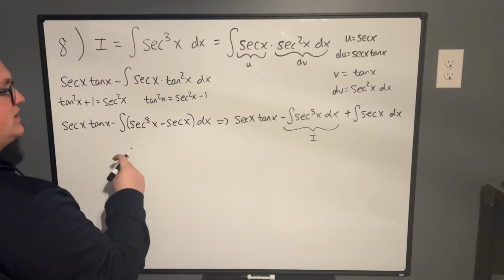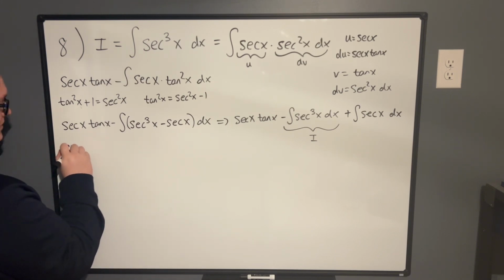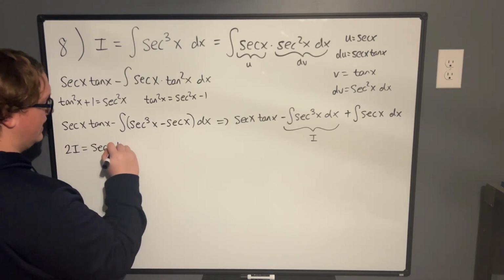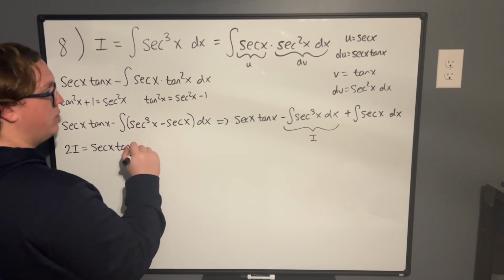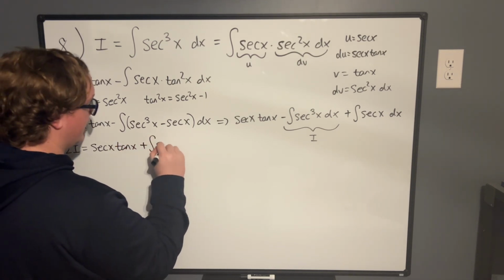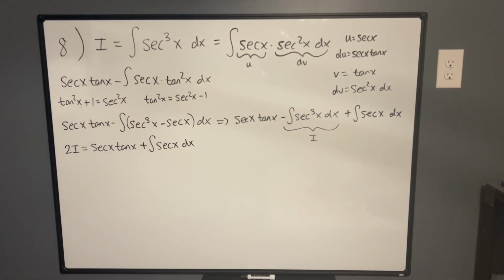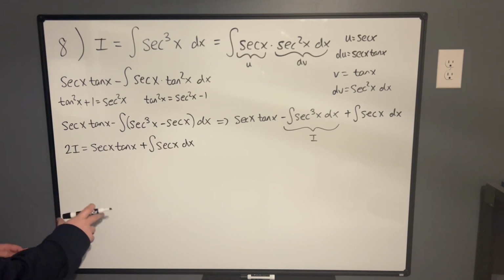And we know that at this point, everything has been equal to I. So if I just add this to the left side, I get that 2 times I is equal to secant x tan x plus the integral of secant x dx. So at this point, we can solve for the value of I if we just divide everything by 2.